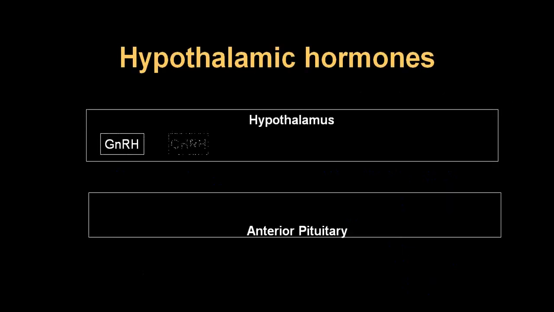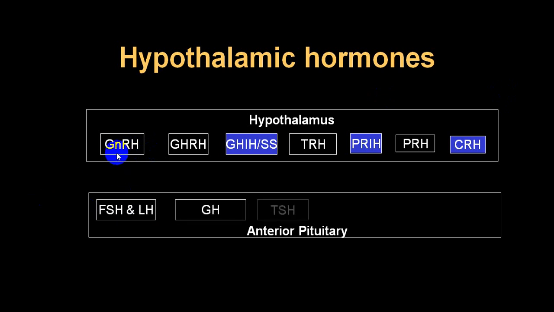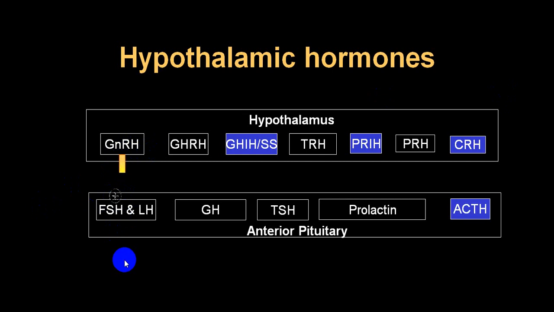This diagram I have already shown you: gonadotropic hormone, growth hormone, thyroid releasing factor, prolactin releasing factor. These hypothalamic hormones will stimulate the anterior pituitary to release certain hormones. Say GnRH will stimulate FSH to be released, and FSH will then act on the gonads, the ovary as well as the testis, while growth hormone releasing factor will stimulate the secretion of anterior pituitary growth hormone.